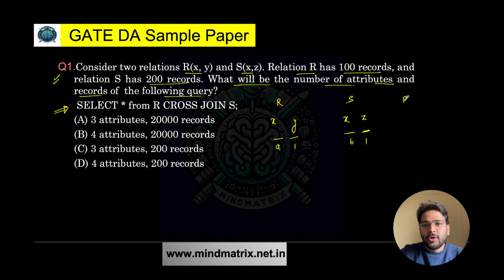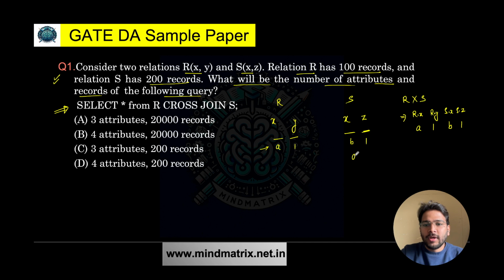If you perform cross join on R and S, in the result you will be getting, let me denote it, R dot X, R dot Y, S dot X, S dot Z. For each tuple you are going to perform a cross product with each tuple of S. So you will be getting A, 1, B, and 1 here.